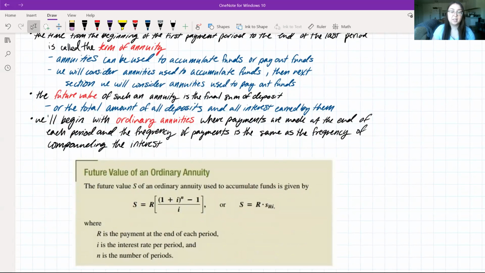Then we'll begin with ordinary annuities, where payments are made at the end of each period, and the frequency of payments is the same as the frequency of compounding interest. So we're going to see the same compounding periods here: annually, semi-annually, monthly, quarterly, daily, things along those lines.